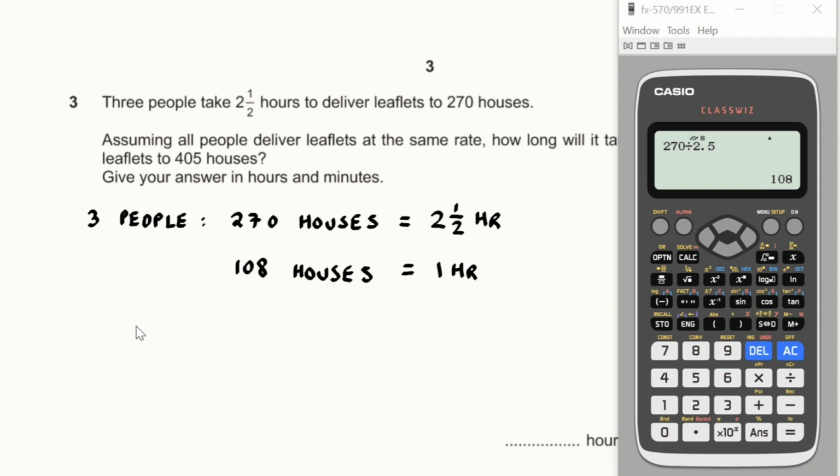And therefore, one person in 1 hour, how many leaflets can they deliver? Well, if I divide by 3, one person, we've got 36 houses, which get leaflets in 1 hour by one person.